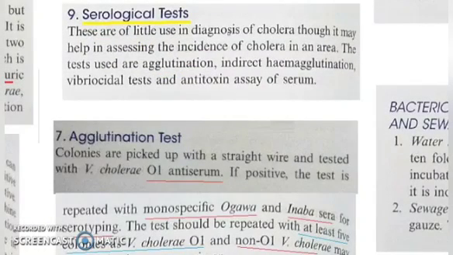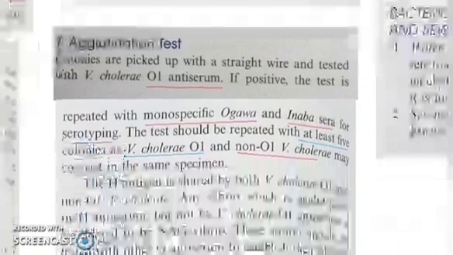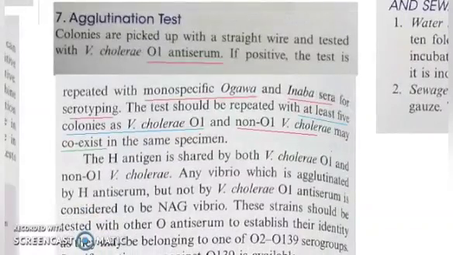Now wake up, guys. We are going to serological studies. Examples are the agglutination test, indirect hemagglutination, antitoxin assay, vibriocidal test, etc. Let us look at the agglutination test. This is very important.